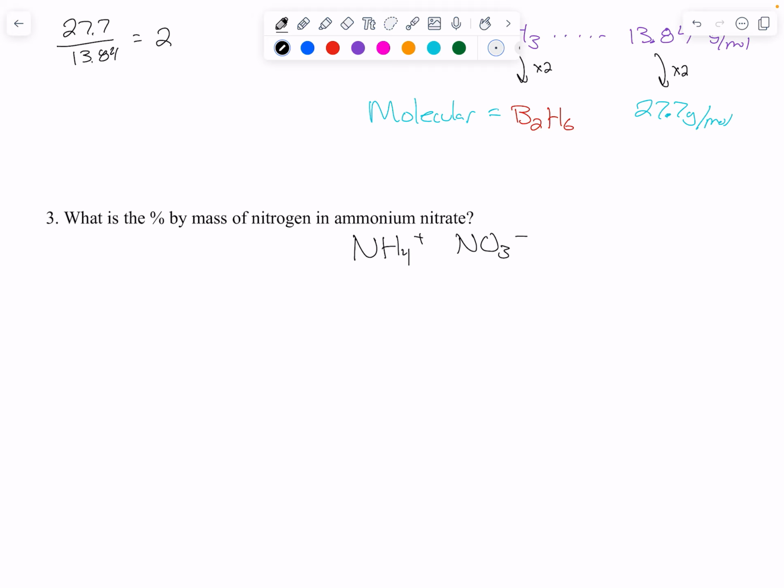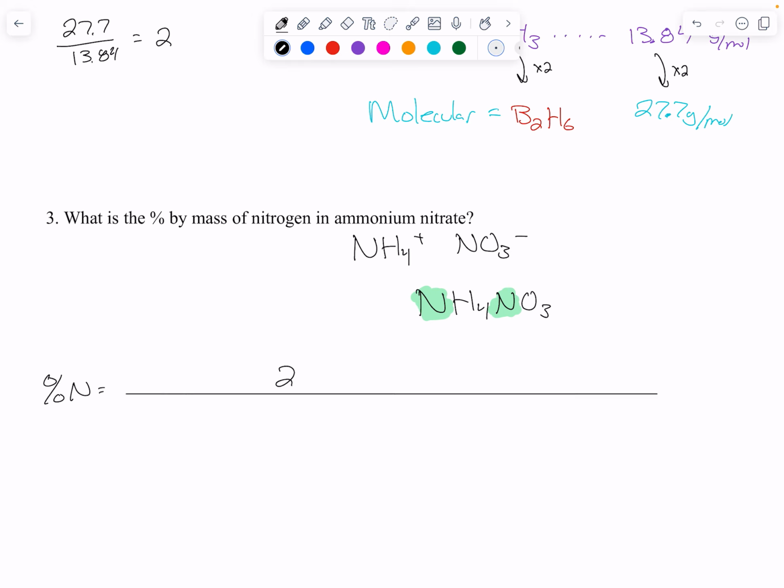Well, if that's the case, they're good. So it's NH4NO3. And I'm looking for, I got 2 nitrogens in there. So percent N.